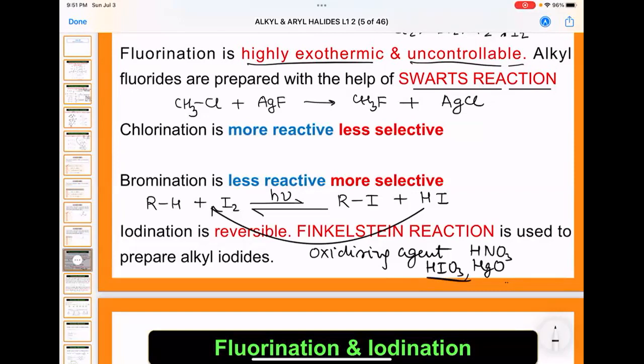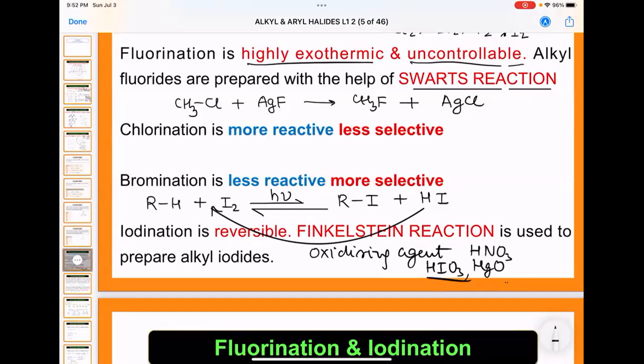Clear, Mehraj, Samira, Nabil? Yes, sir. Okay. So how will you carry out iodination? This is photoiodination in the presence of an oxidizing agent. What is the role of the oxidizing agent? They consume the liberated HI and oxidize it to I2, and that's how the equilibrium is pushed in the forward direction.